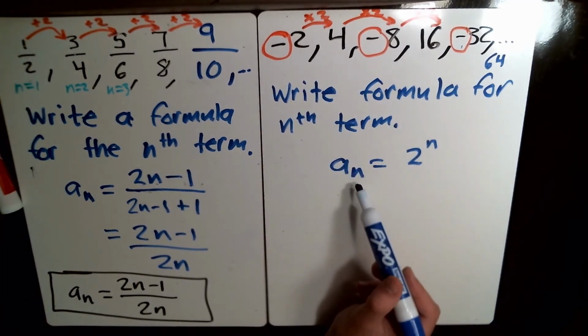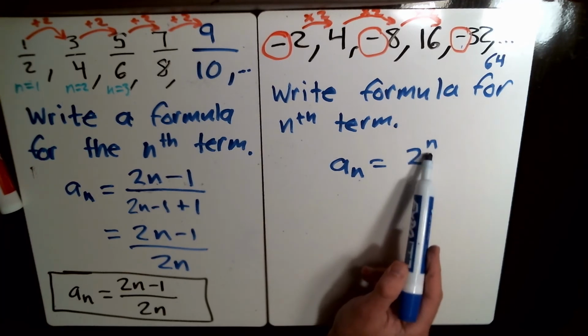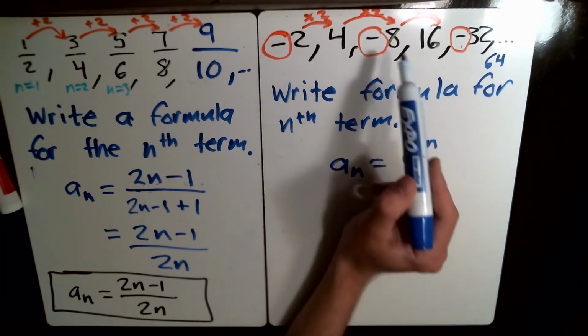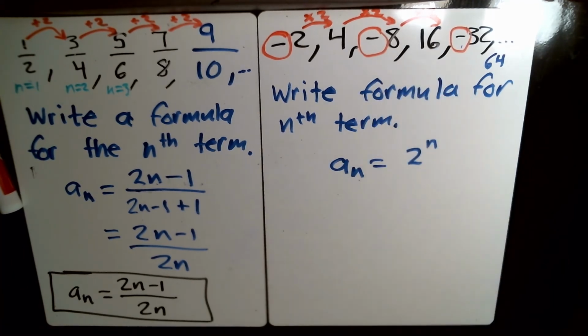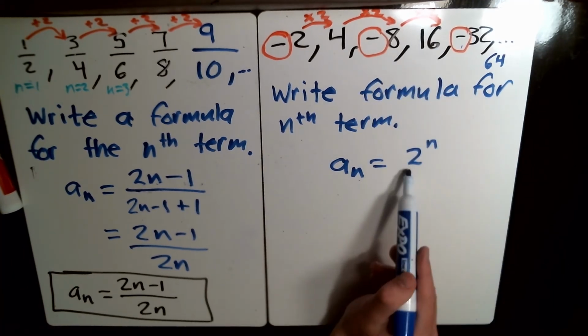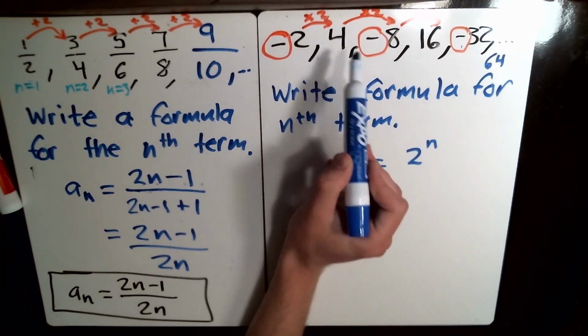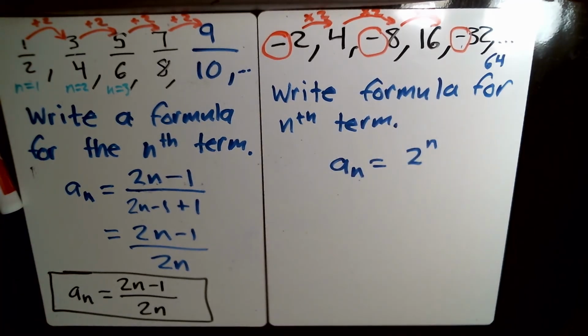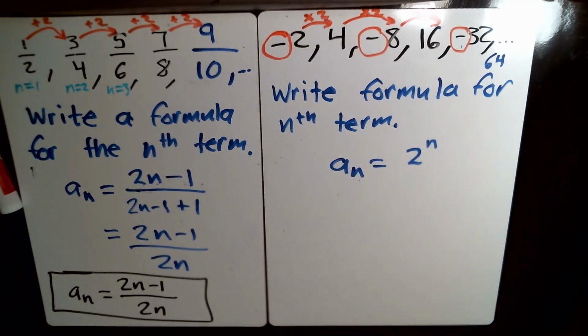Good. 2 raised to the 3rd power, 2 cubed, is 8. 2 raised to the 4th power is 16. So this is the right formula for at least this part, without the negatives that keep alternating back and forth. Okay, so that will give you the right numbers here.